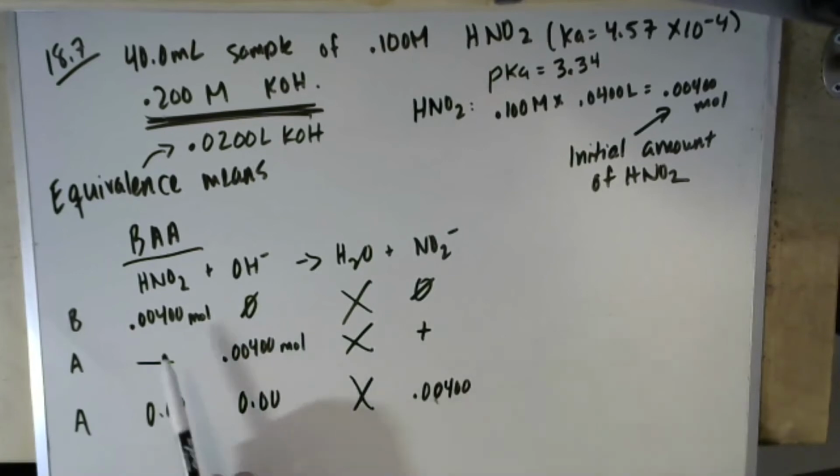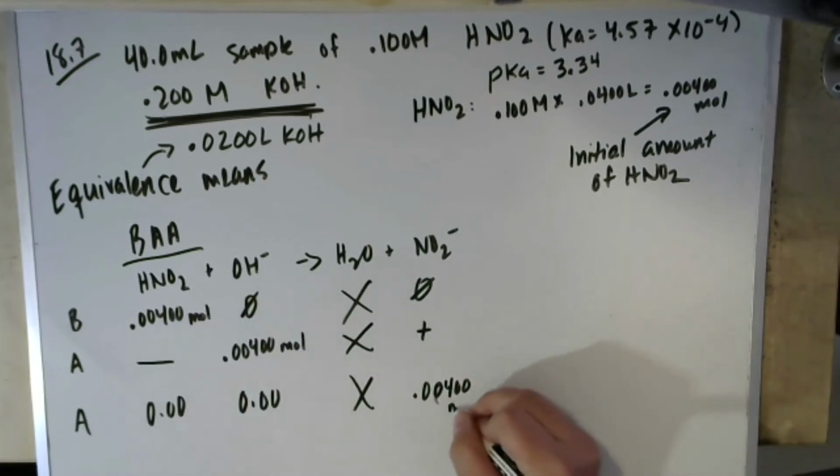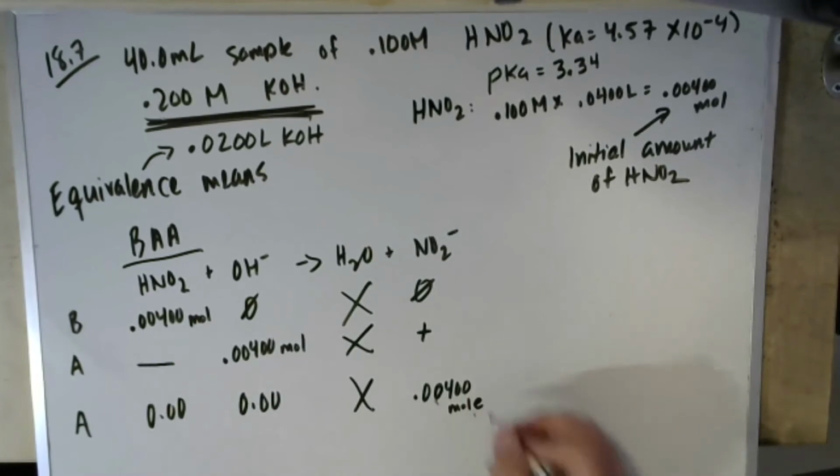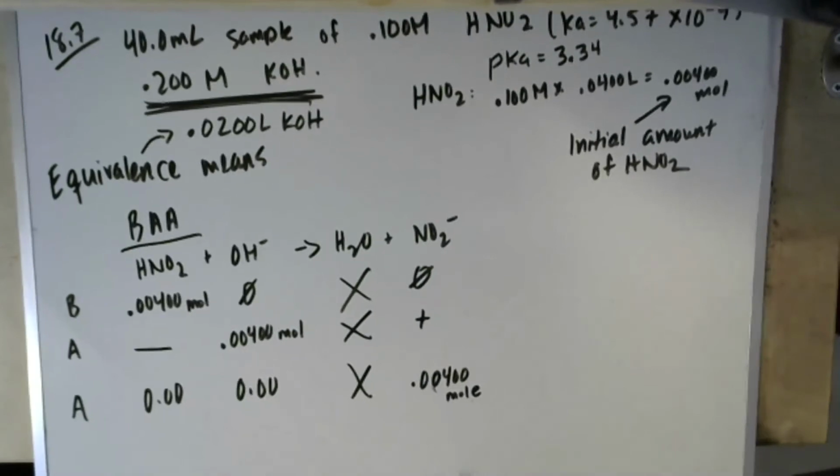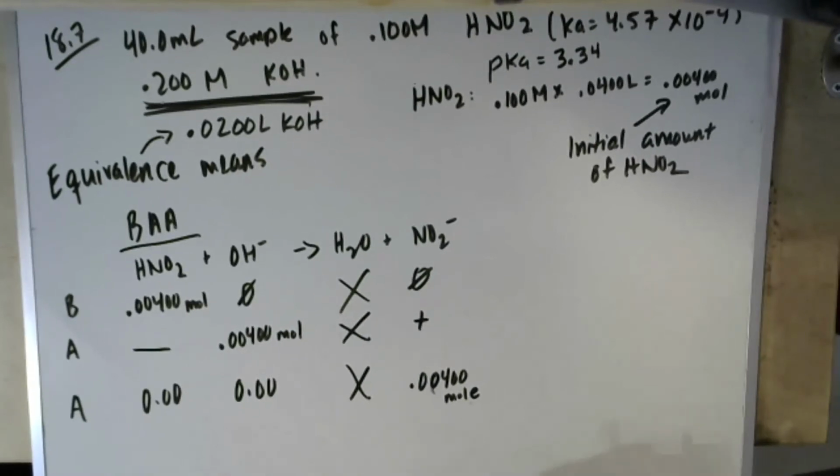So 0.004 moles of each reactant were consumed and 0.004 moles of the nitrite ion were formed. So this BA table looks a lot different than the ones that we worked before.